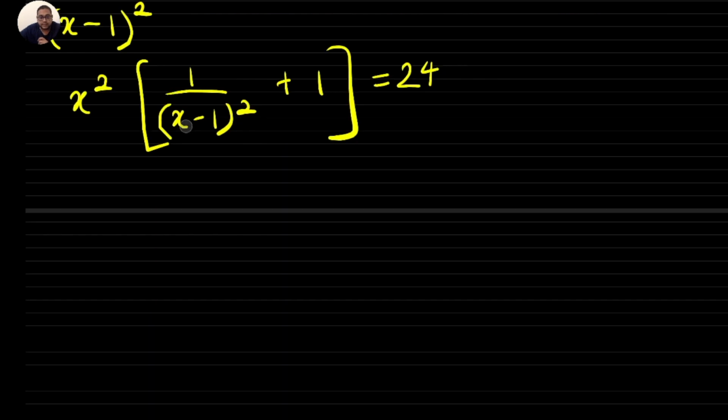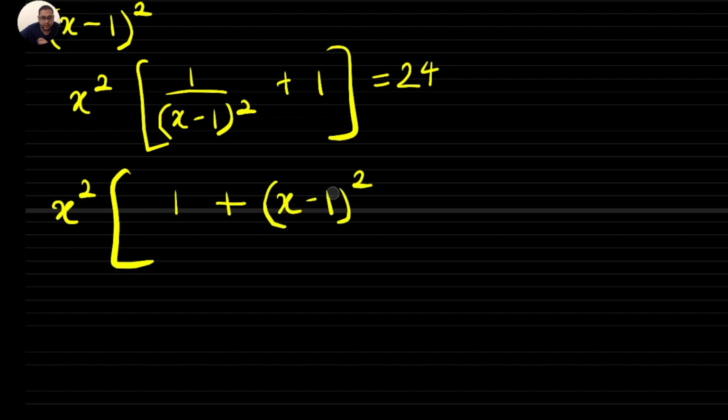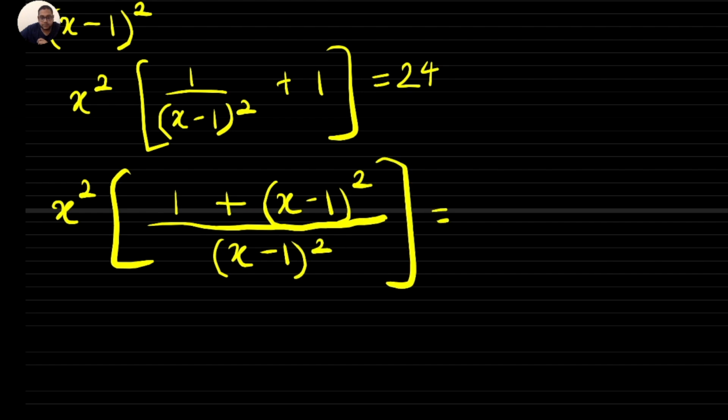I would take the common denominator as (x minus 1) squared, and that will be the LCM, and I will simplify the terms inside the square bracket. X squared is outside, that remains unchanged. We have 1 plus (x minus 1) squared, and the common denominator now will be (x minus 1) squared, equals 24.